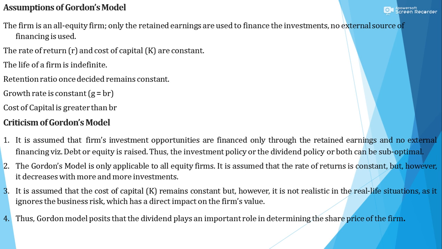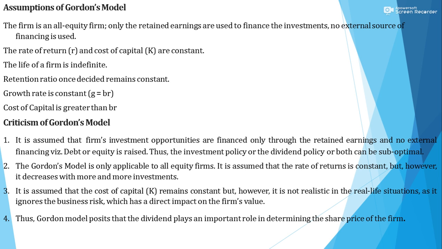What are the criticisms of the Gordon model? It is assumed that the firm's investment opportunity is financed only through retained earnings and no external financing. Thus, the investment policy or the dividend policy can both be suboptimal. Second, the Gordon model is only applicable to equity firms.